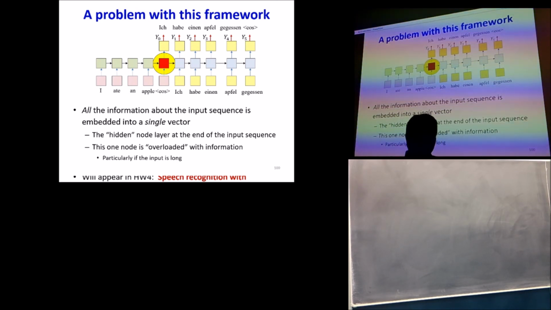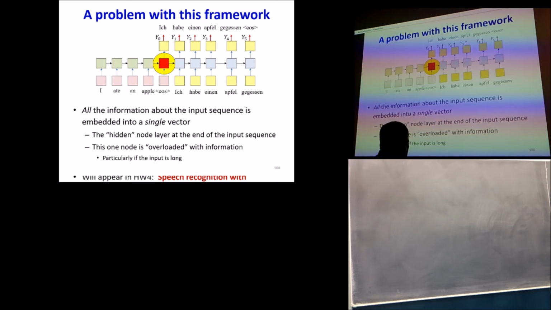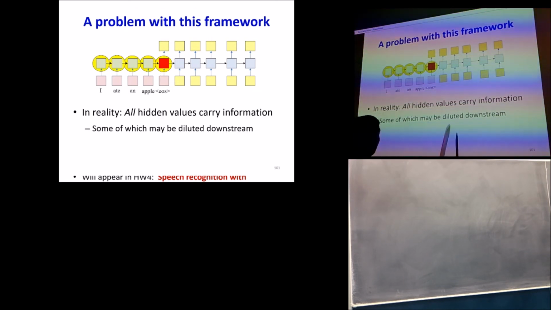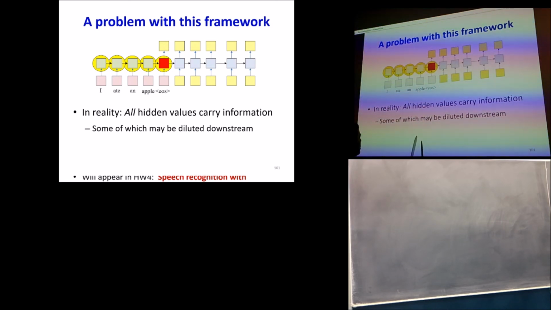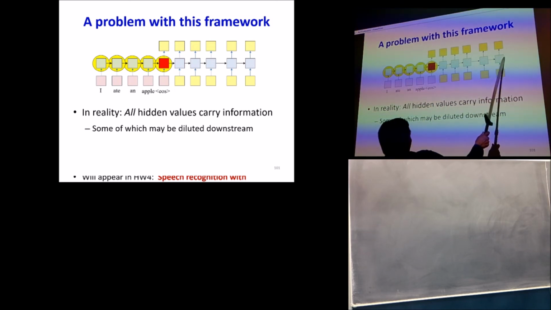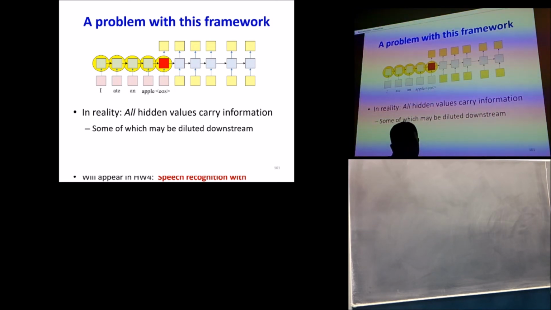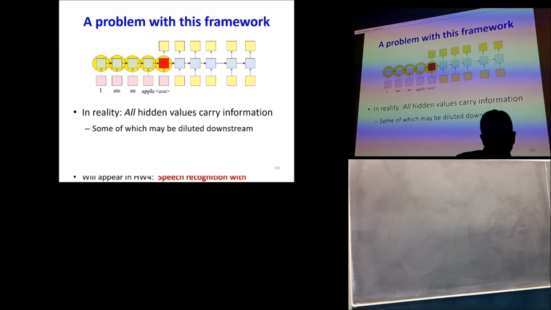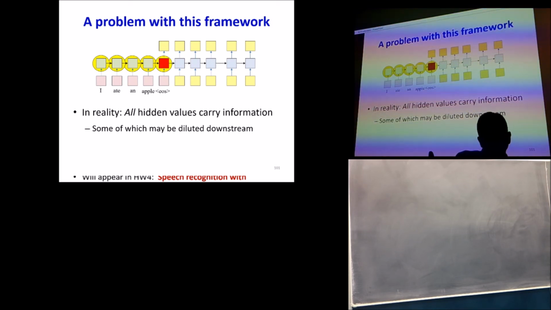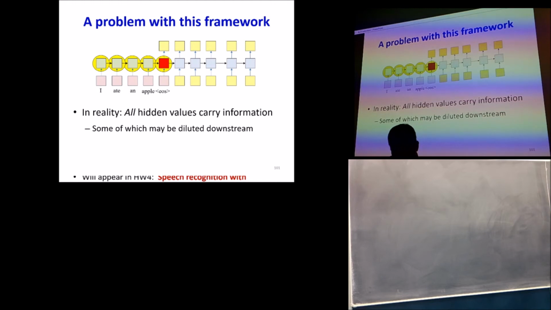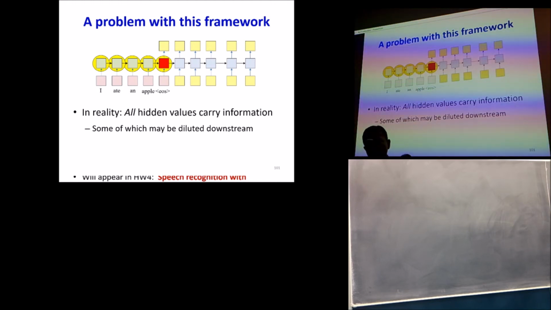And this can be a problem, because in reality, all of these hidden values carry information. And if you're just stuffing it into one, and even as you pass it downstream, first the information can get diluted. But even if it doesn't get diluted, in the process of getting pushed into one vector, you might actually lose information. You're asking the network to do a lot of work when it tries to store so much information into just one vector.